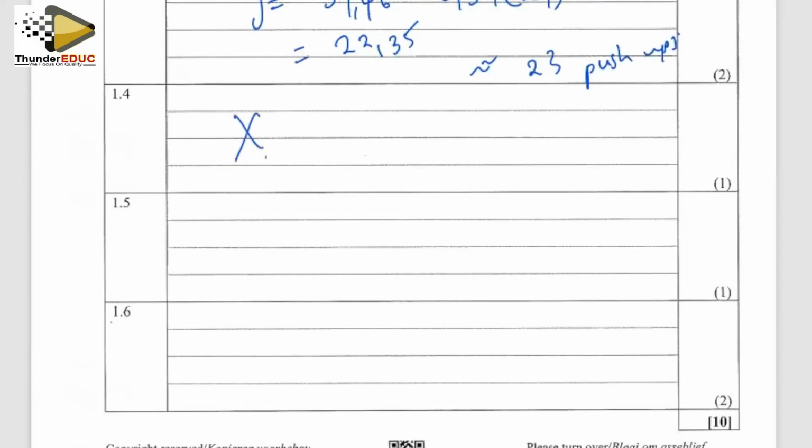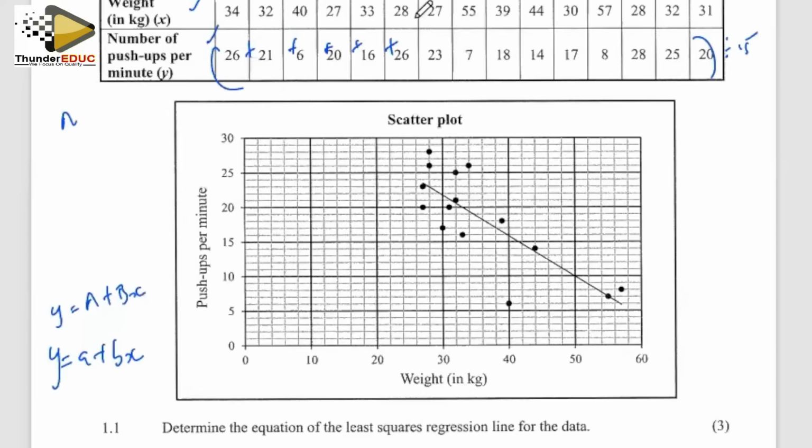So the mean for the push-ups, which is Y bar, will be the summation, 537, divided by 15. This is giving me 35,8. If you round that off, you'll get 36 push-ups.